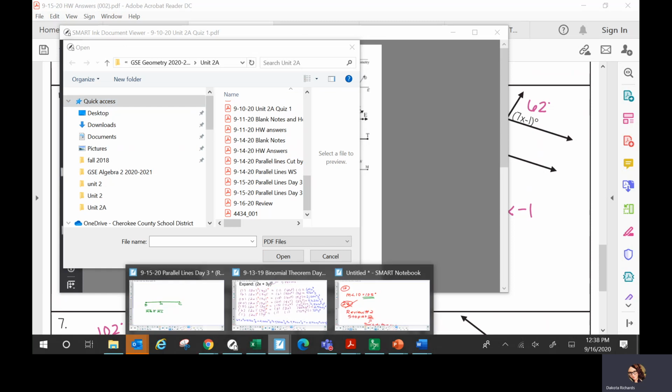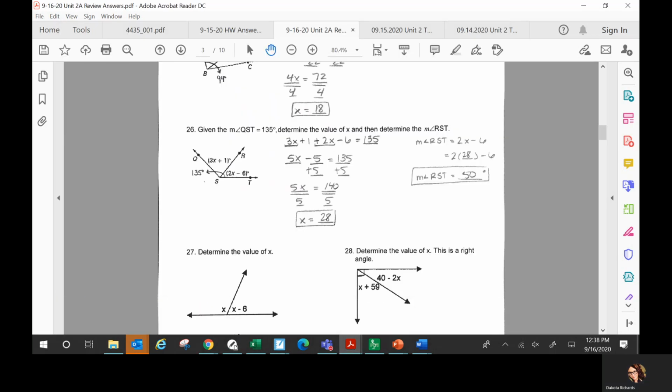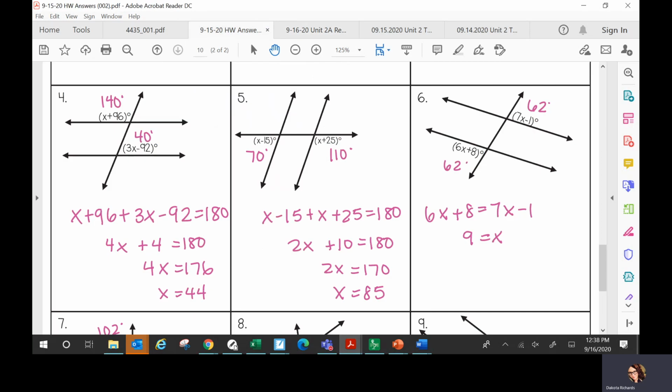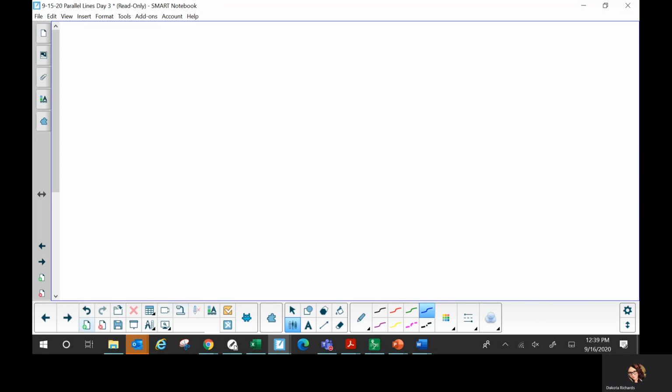Okay. So the angles that you're given, do you see that the vertical angle with this x plus 96 would be same side with the 3x minus 92? Let me just attempt to draw this.